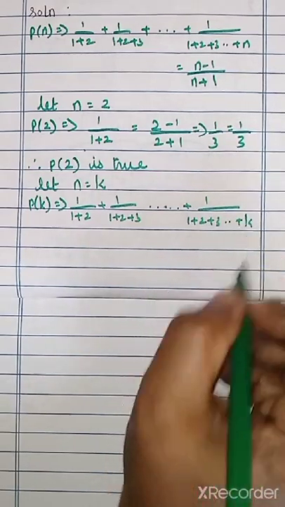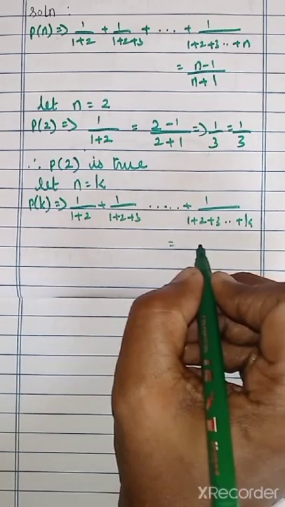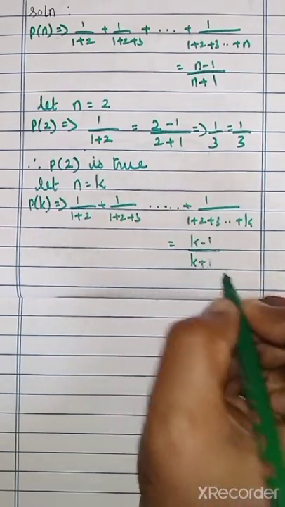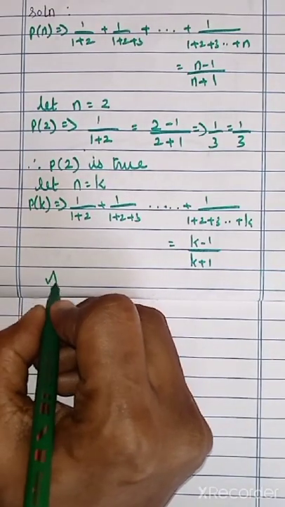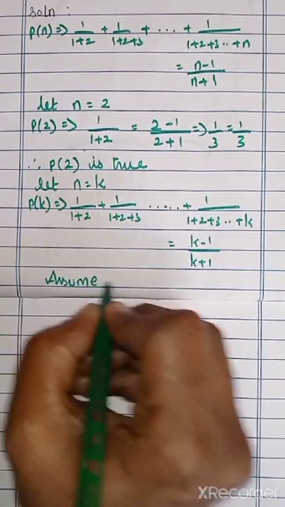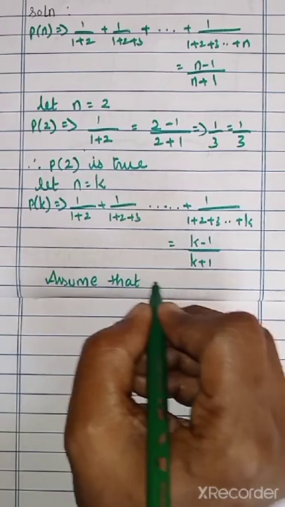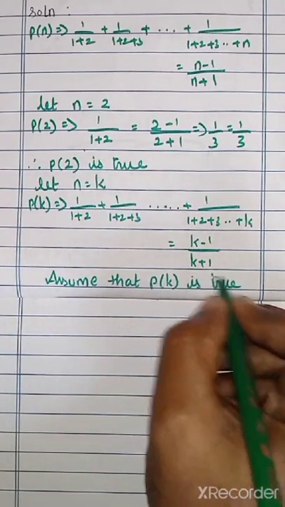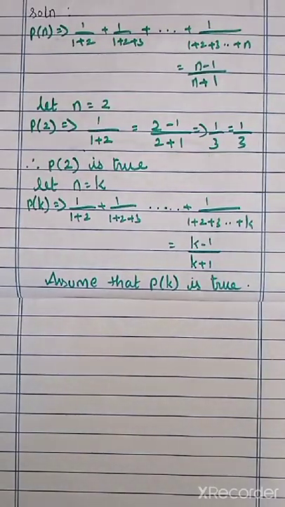Instead of n, what are we going to take? k, which is equal to k minus 1 by k plus 1. And what we have to do? Assume that P of k is true. This also is completed.